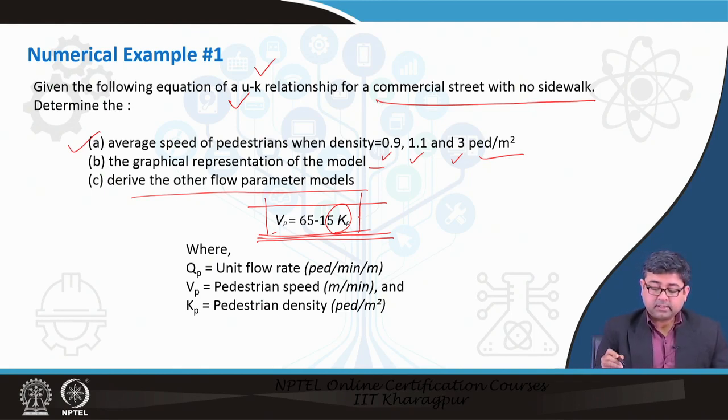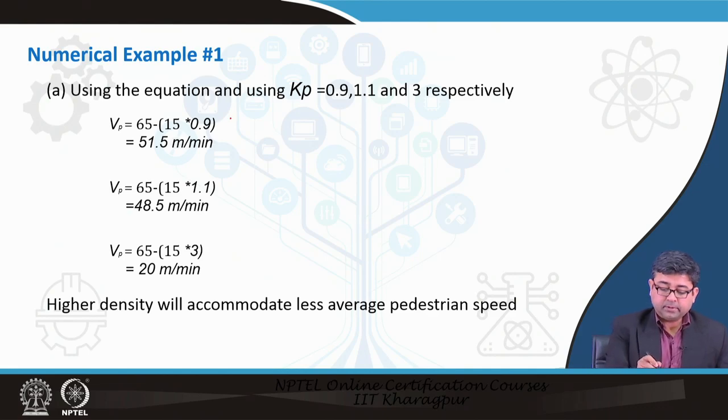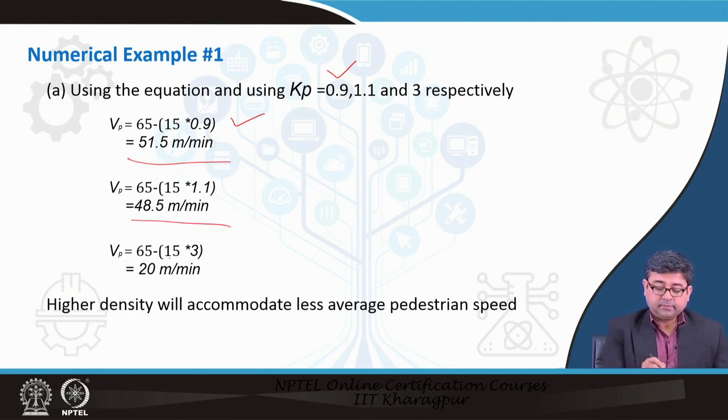So, now the first question is the speed of pedestrians at different densities. It is very simple, you have the equation. You put in the k values and it will give you the speed values. However, the interesting thing to notice, like you already know by the curve that has been shown earlier, is that as density increases from 0.9 to 1.1 to 3, the speed decreases.